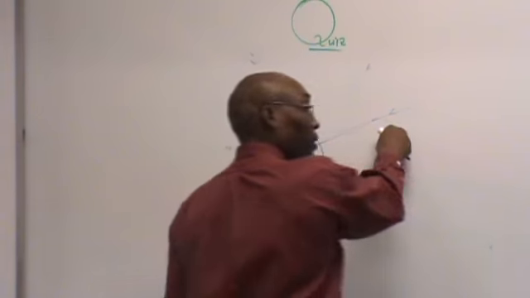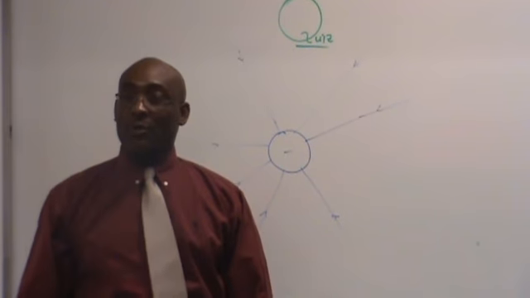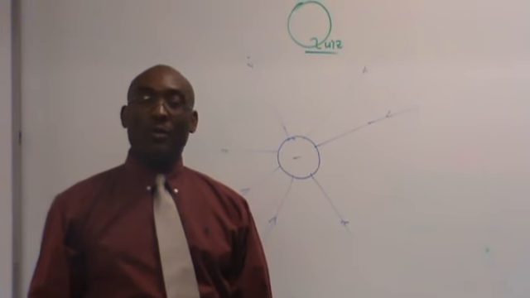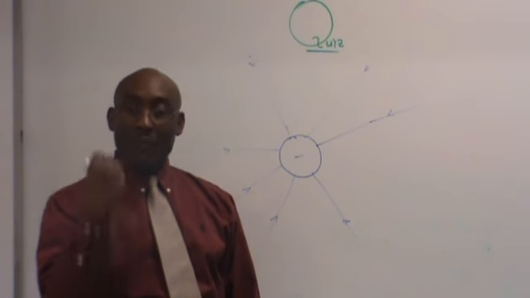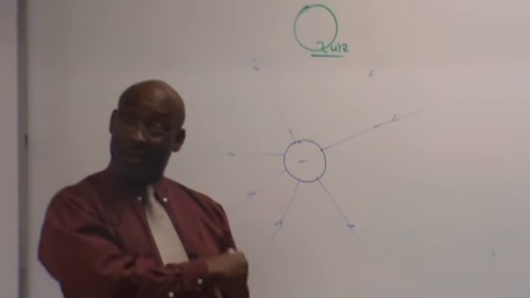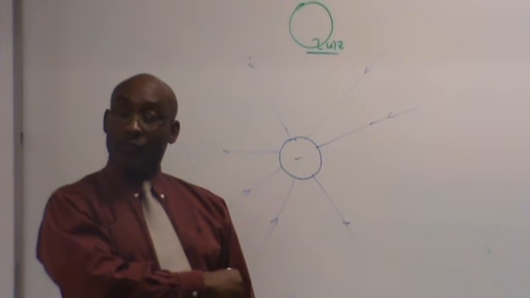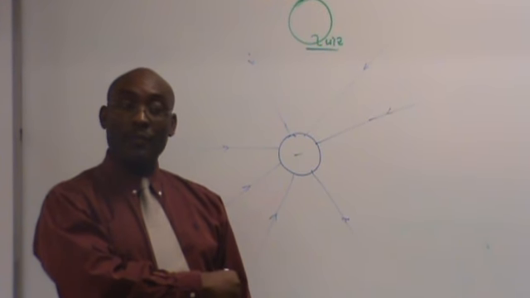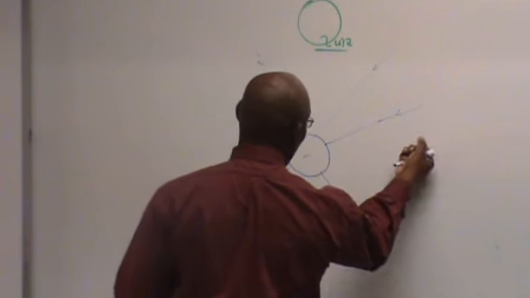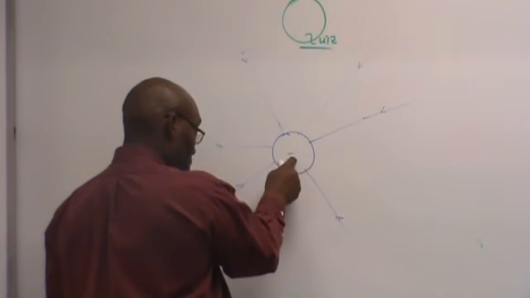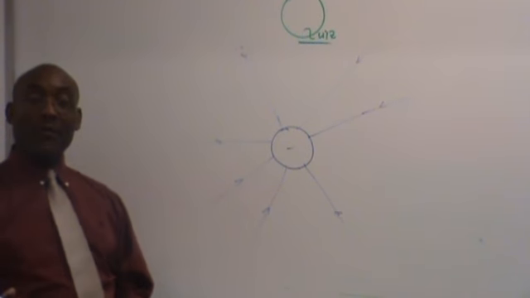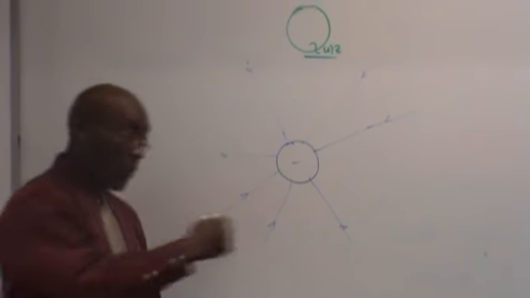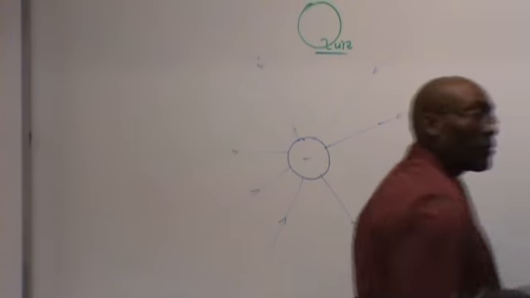And I put it right there. It's going to experience a force. So in order for me to know the magnitude or the size of the electric field, I measure the electric field with that positive test charge. And the closer I bring that charge to this charge here, the greater the field. The further away I put it, the less the field.